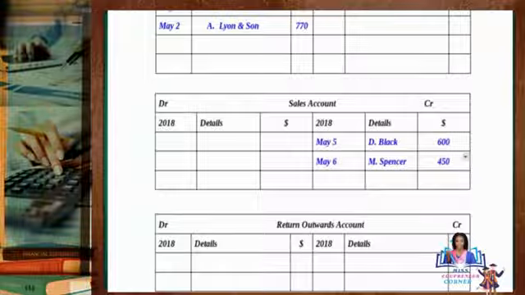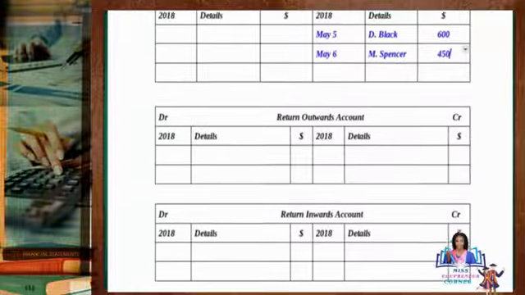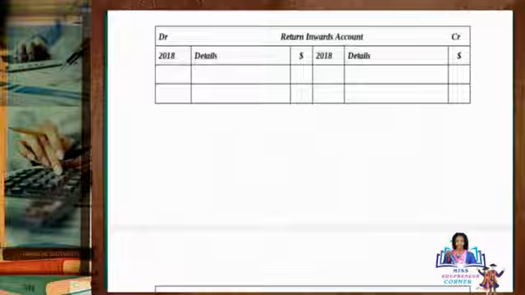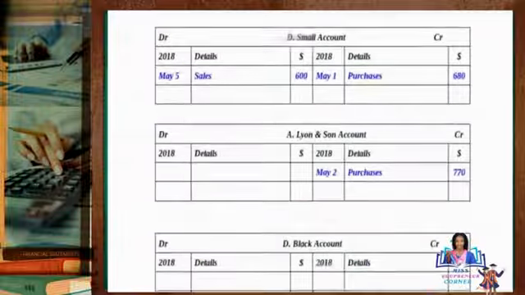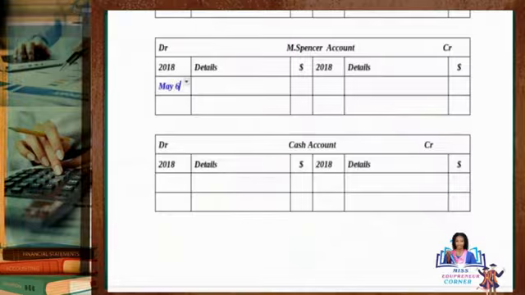And then we need to go down to M. Spencer's account and record that same transaction. So May 6. In the detail, we would have sales and the amount of $450.